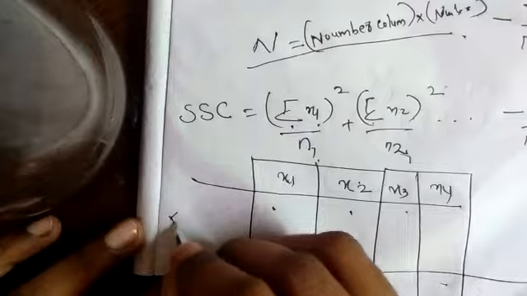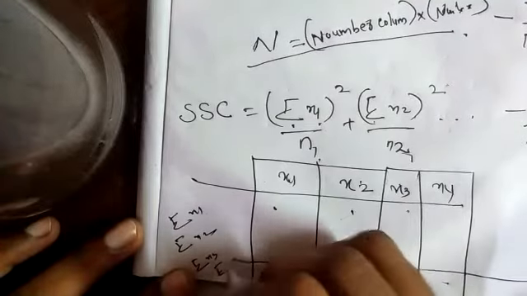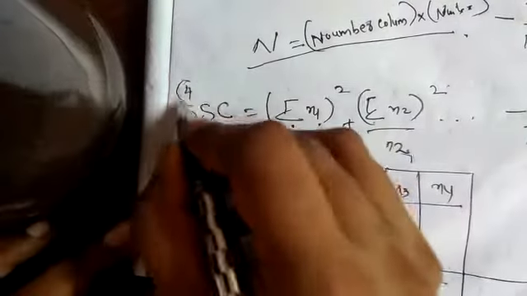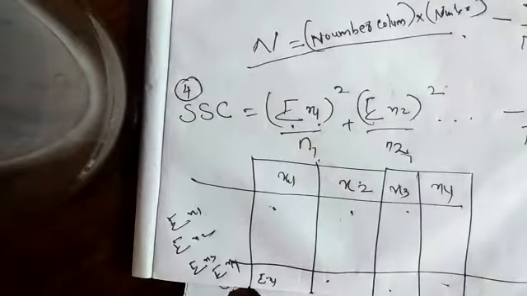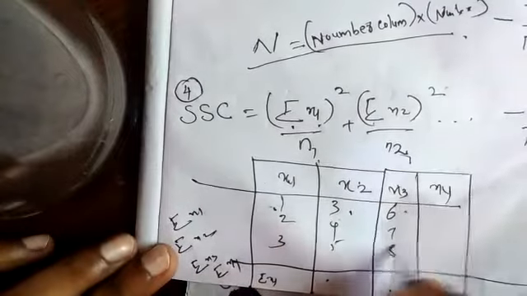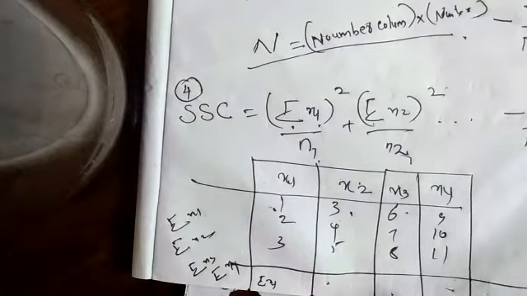That is the meaning of sigma x1, sigma x2, sigma x3, sigma x4. We will say 3rd step. Here 1, 2, 3, 4, 5, 6, 7, 8, 9, 10, 11. We take the numbers, so easily you can understand.